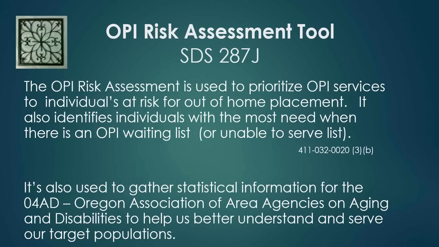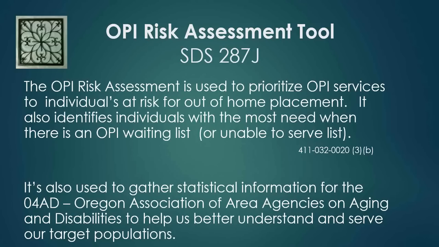So we want to look at the risk factors that are threatening to have a person actually move out of their home because of those needs and into community-based care. And it also helps us to prioritize the people who need the program the most. So sometimes in some of our AAA areas, we get to a point where we've run out of OPI funds and we're serving as many people as we possibly can, and we're starting to put people on a waiting list.